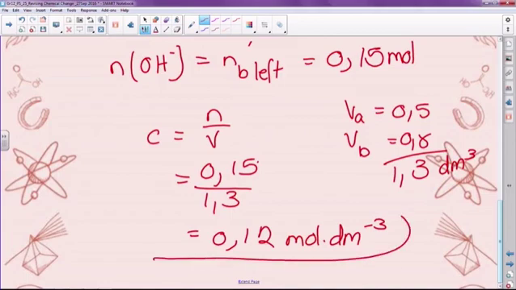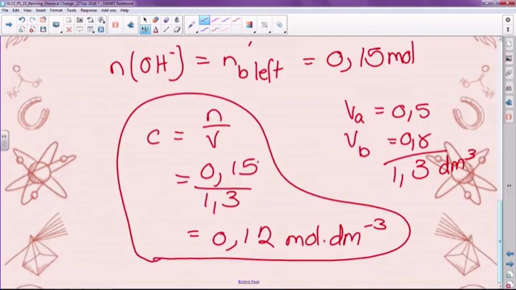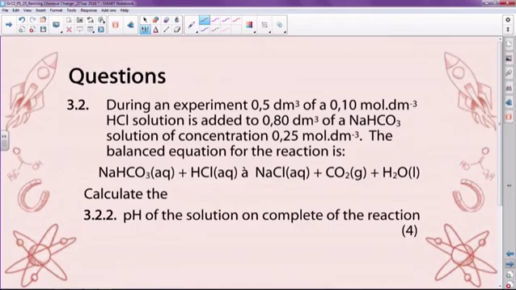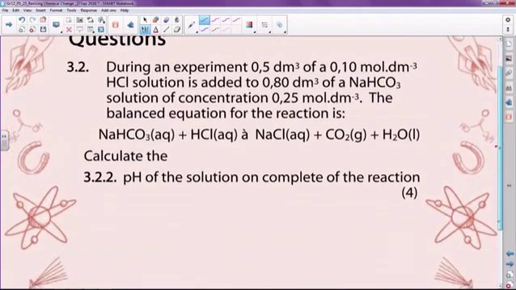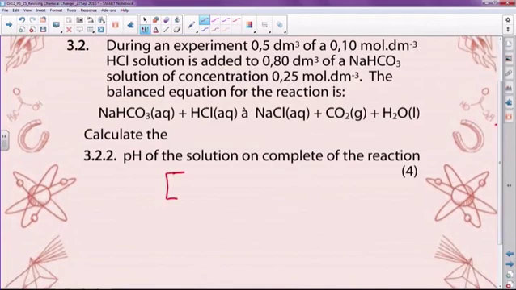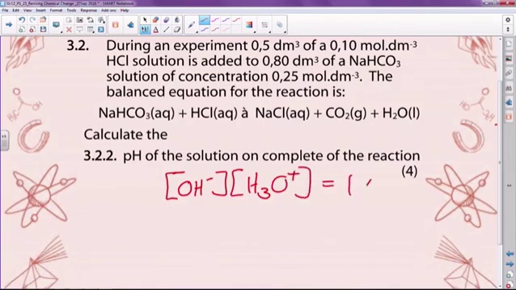This is really important. Concentration of the OH minus. Why is that important? Because next question, what's the pH of the solution? Okay, I'm so going to run out of time. Watch here. OH minus times H3O plus gives me 1 times 10 to the minus 14.